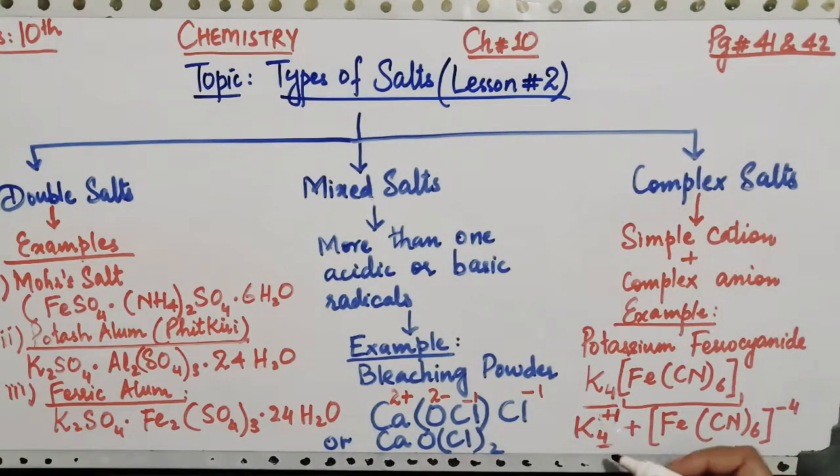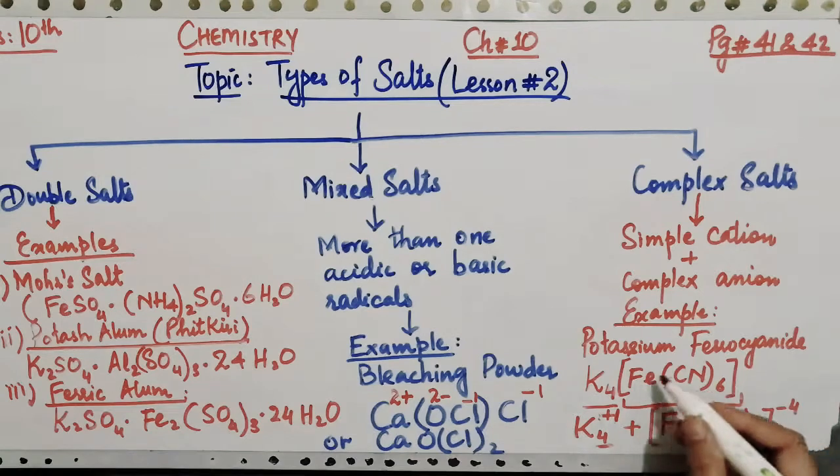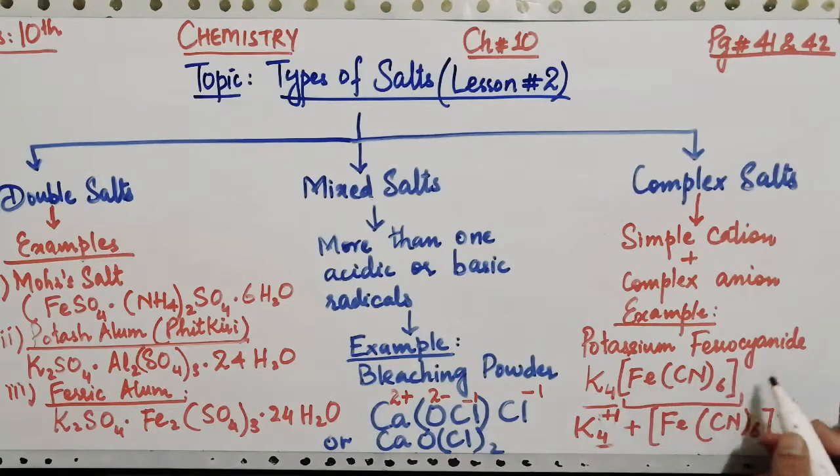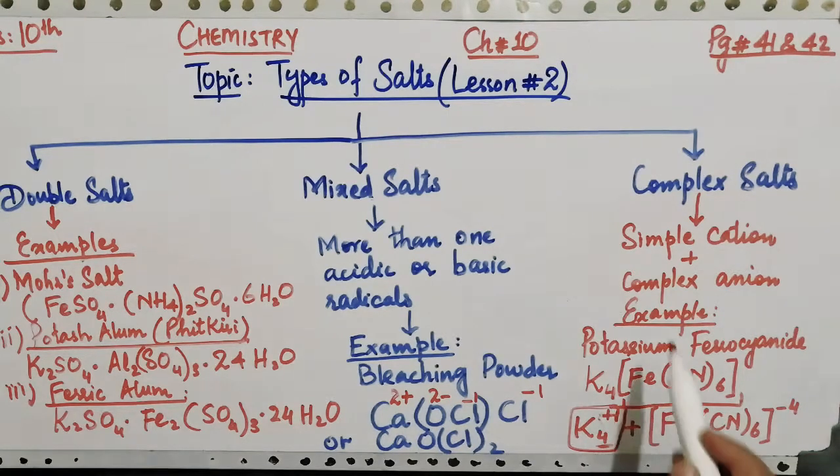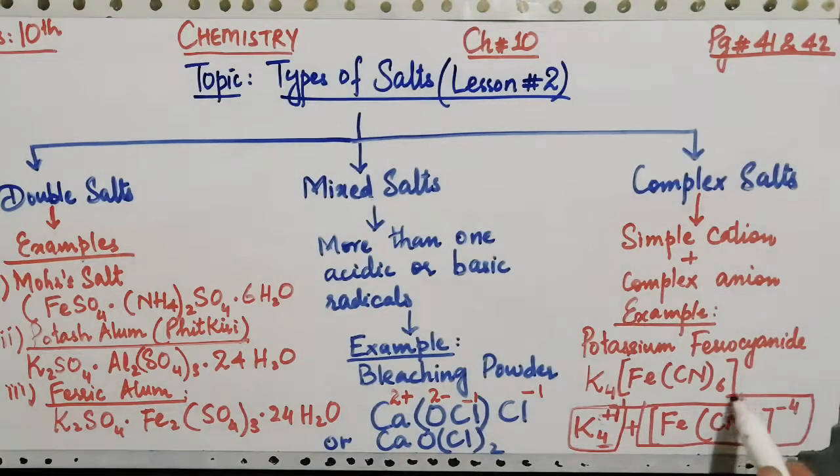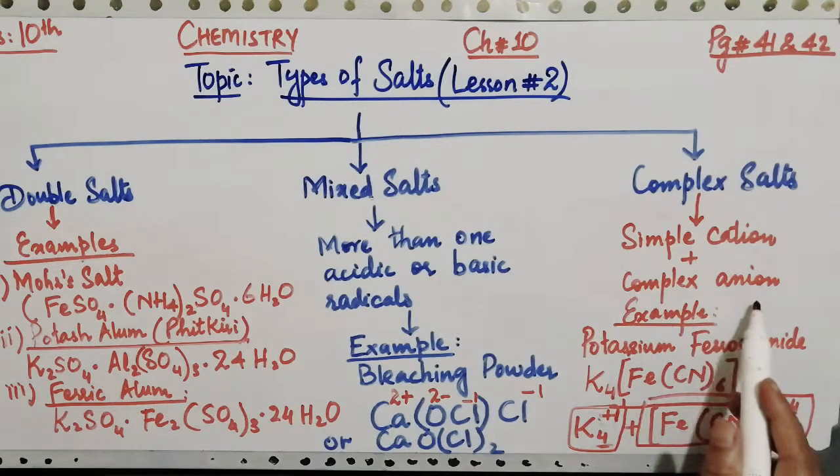So these fours are exchanged with the complex anion, and here I am writing -4, which indicates that four Fe(CN)6 anions are also used in the formation of potassium ferrocyanide. So this part of the complex salt is called the simple cation, while the remaining part up to here is called the complex anion.